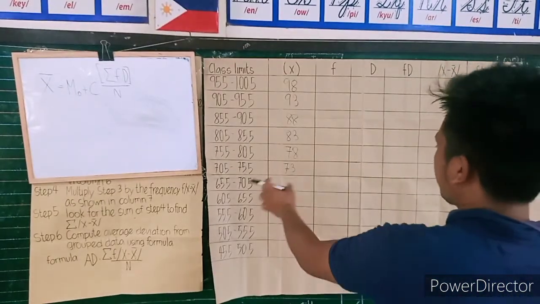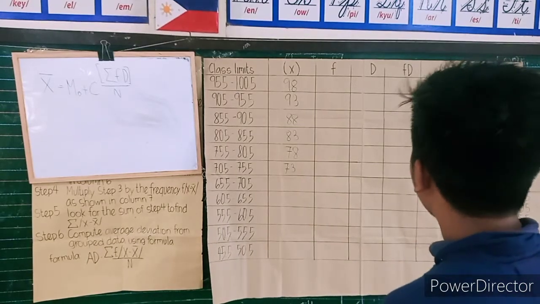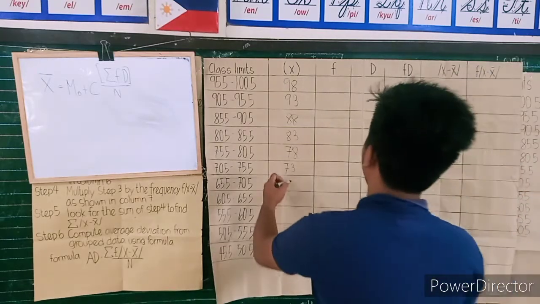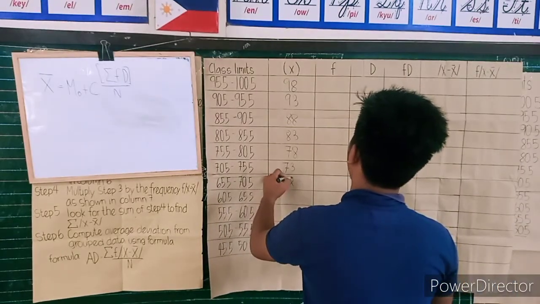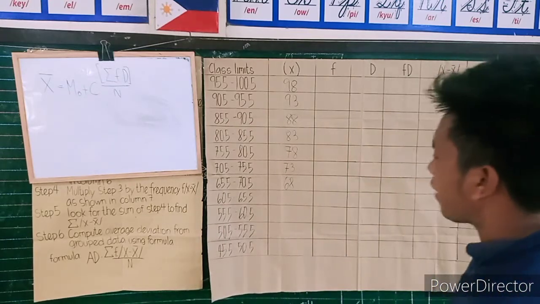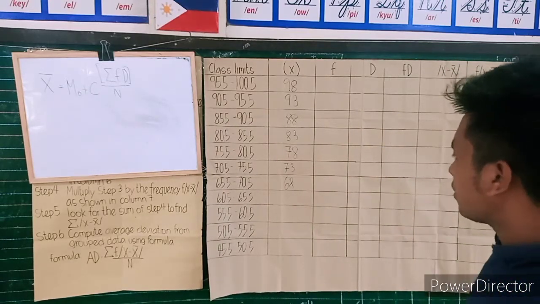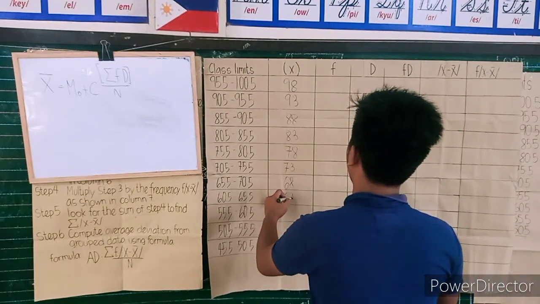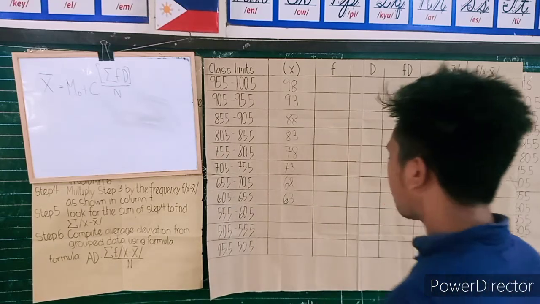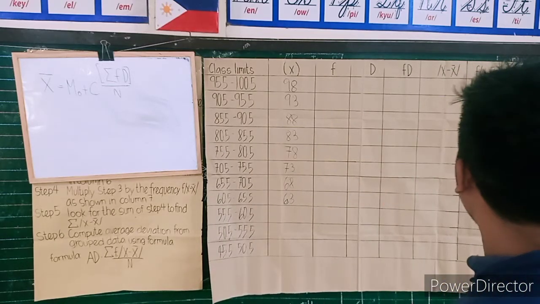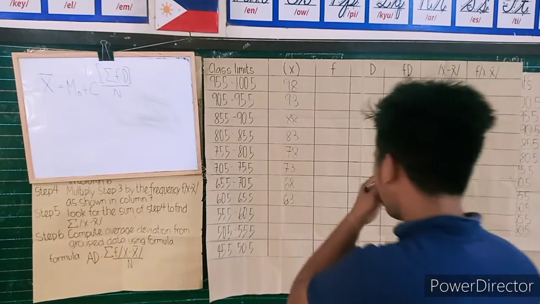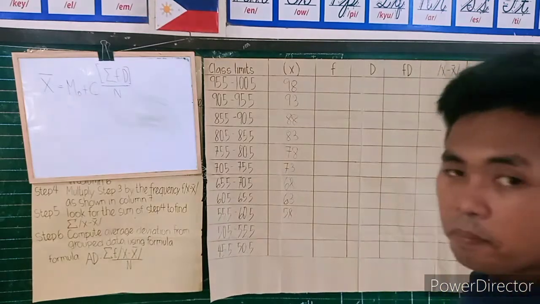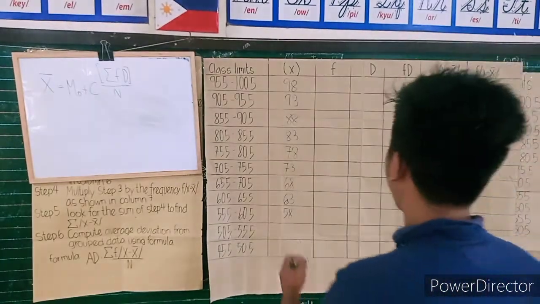So 65.5 plus 70.5, we have 68. 60.5 plus 65.5 divided by 2, we have 63. 55.5 plus 60.5 divided by 2, we have 58. 50.5 plus 55.5, we have 53.